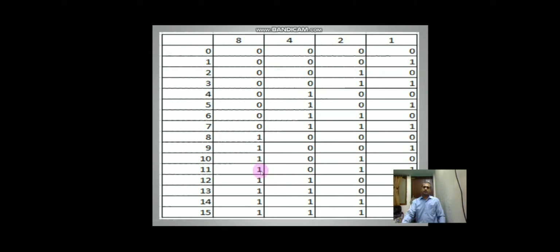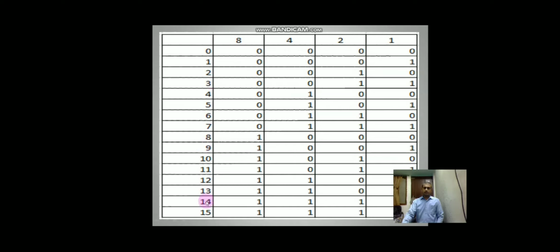So 8 and 2 make 10. Like 11, I have written 1 for 8, and 2 and 1 I have mentioned. For 12, 8 and 4, and for 11, 8, 2 and 1. So like this we will add the numbers upside and mark the position value. If we want to change 16, 17 also, then we have to write upside just double of 8, like 1, 2, 4 and 8 it is going, so the next will be 16.